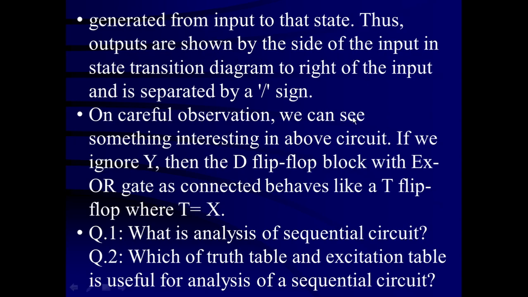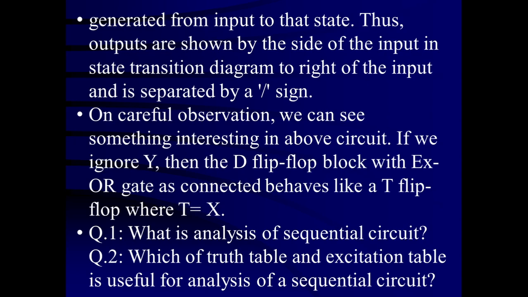On careful examination, we can see something interesting in the above circuit. If we ignore Y, then the D flip-flop block with the exclusive OR gate as connected behaves like a T flip-flop. So this D flip-flop is converted into the T flip-flop. If we ignore the Y output, then it exactly behaves like a toggle mode. This X input is definitely a T input.